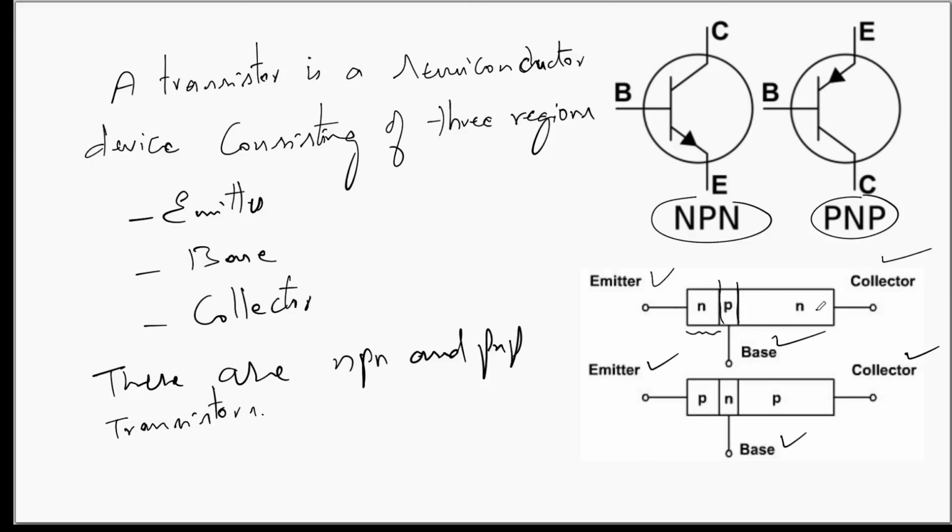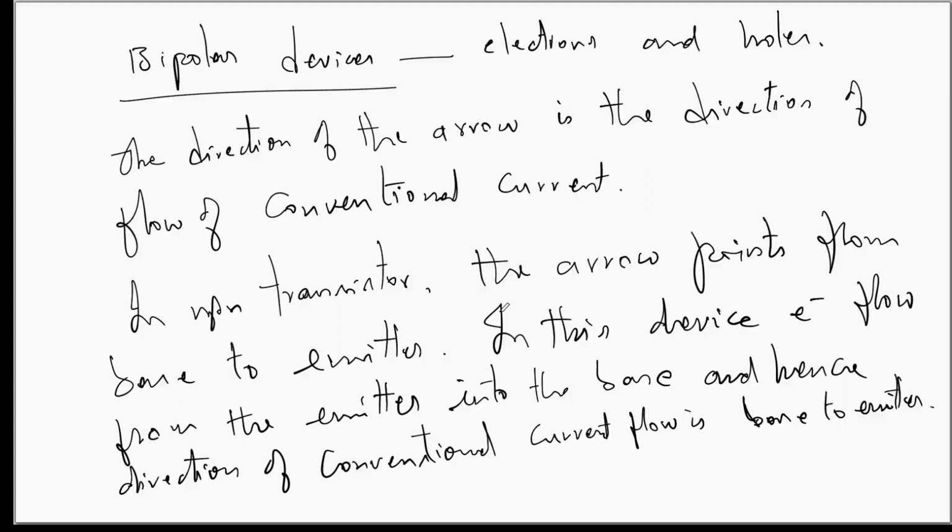Structurally, a transistor will have three regions: the emitter region, the base region, and the collector region. They are called bipolar devices because electrons and holes both contribute to the current in the device. The direction of the arrow is the direction of flow of conventional current in a transistor.